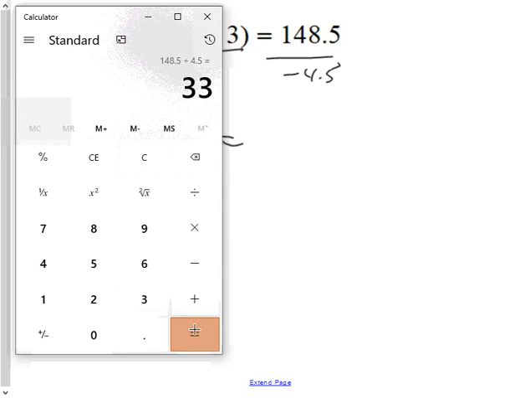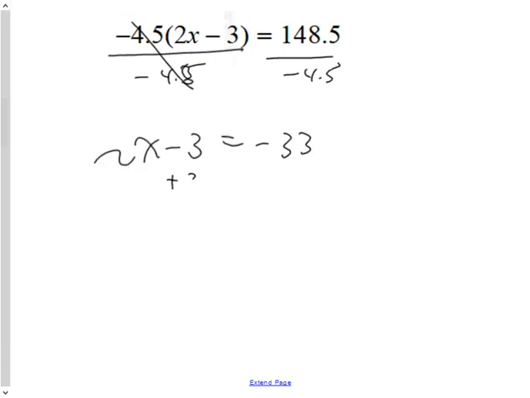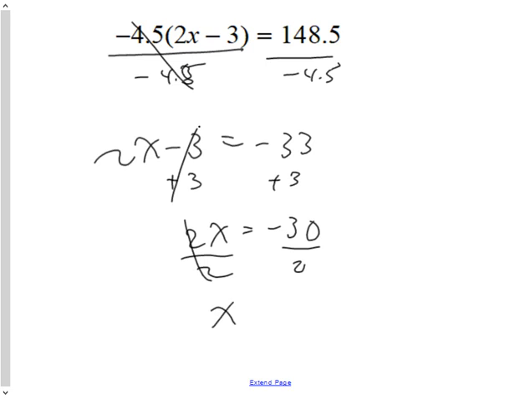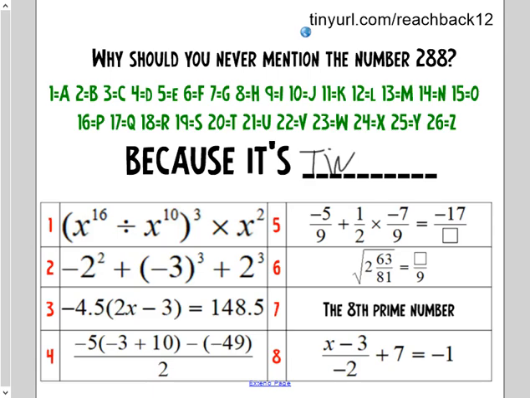I know it's going to be negative, so negative 33 is my answer. Add 3 to both sides. I get 2x equals negative 30. Divide both sides by 2, and x equals negative 15. So go back to here. The 15th letter of the alphabet is O. So I have TWO.